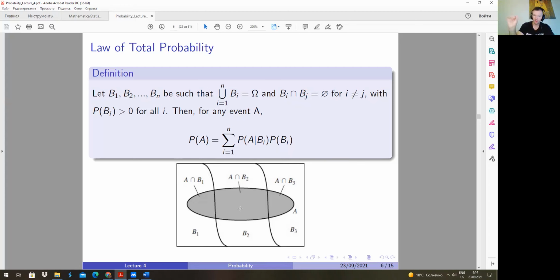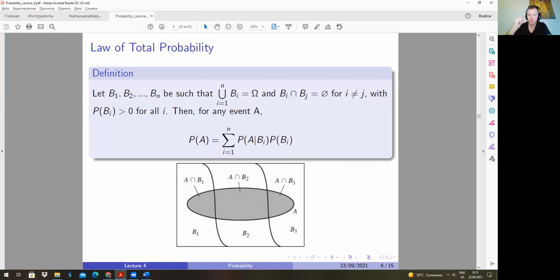Now we have the event A, this gray ellipse inside. In order to calculate the probability of event A, we need to sum these small pieces of this event. So this part of event A, this part of event A, and this part of event A.